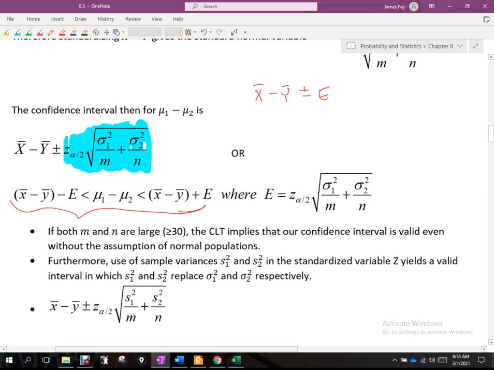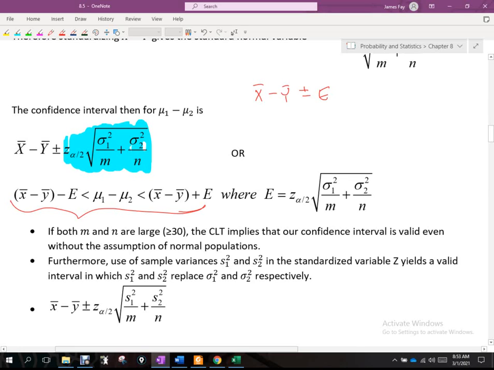Yes. Because of the z distribution here, because we know it's normally distributed, we will use the inverse norm function on this, just like we talked about in 8.1.